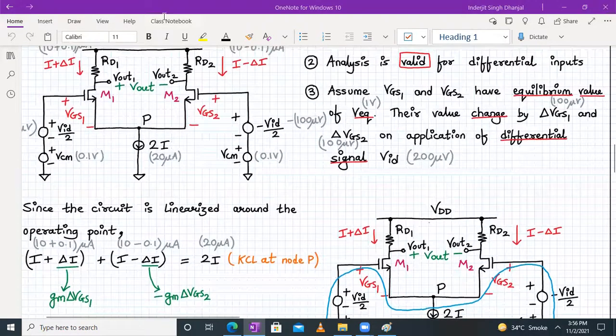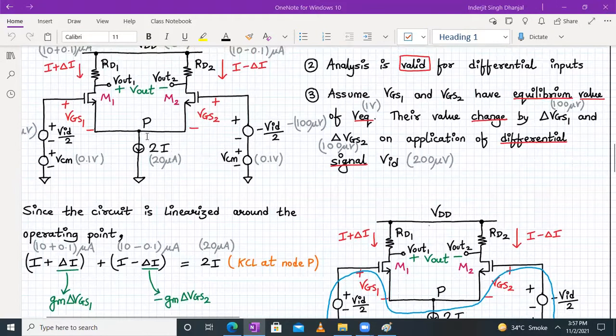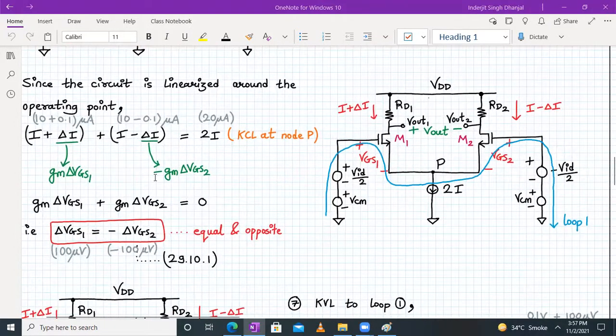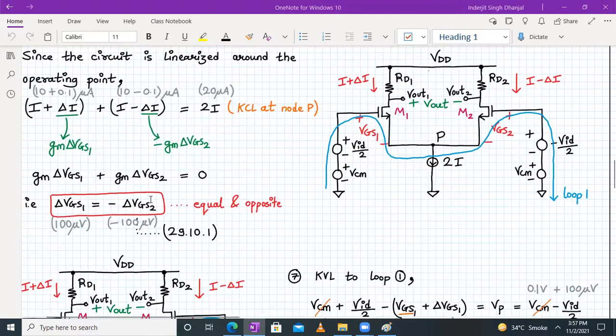Here, delta I is nothing but gm into delta VGS, so that's how we equate them together. gm into delta VGS1 plus gm into delta VGS2 is equal to 0. We are considering that both the transistors have similar transconductance. So from here we can write delta VGS1 is equal to minus delta VGS2, right?